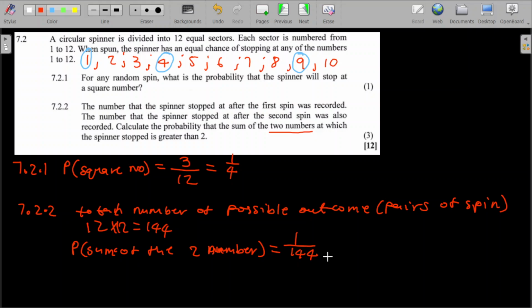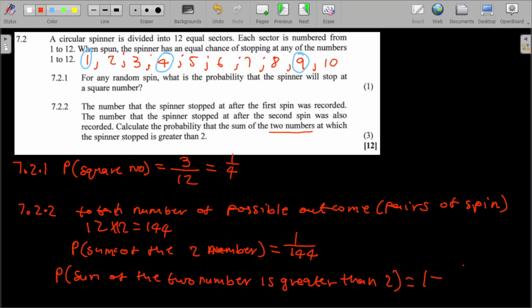So the probability that the sum of the two numbers is greater than 2 will be 1 minus the probability of the sum being 2, which is 1 over 144, which is going to be equal to 143 over 144. You can simplify it further if you want to, or give it in decimal places, it's still fine, but I would keep it like this if I were you.